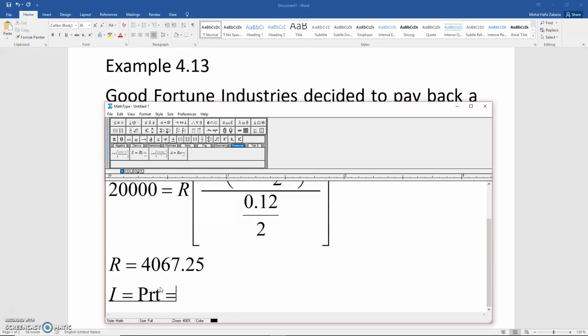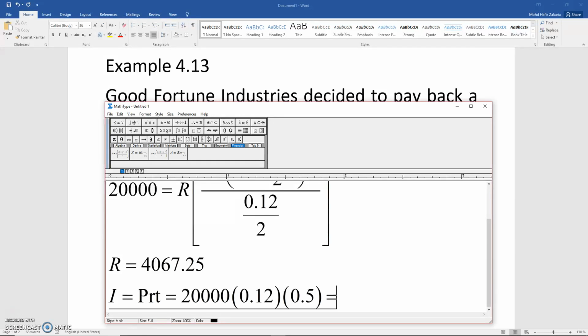So the principal is 20,000 times the rate per year, 0.12, and the T is in the form of years. The payment is made 2 times per year, meaning one payment per 6 months, but because we want it in years, 6 months is equal to 0.5. Calculate this, and you should get 1,200.